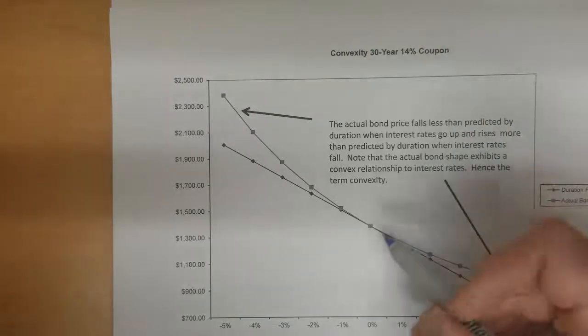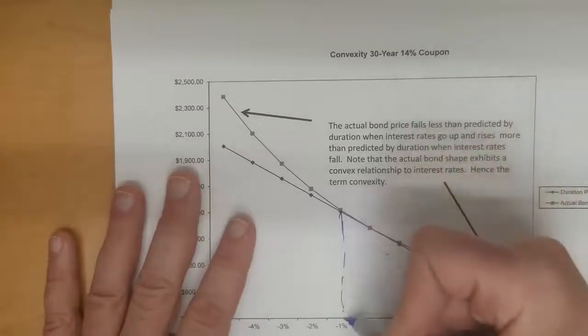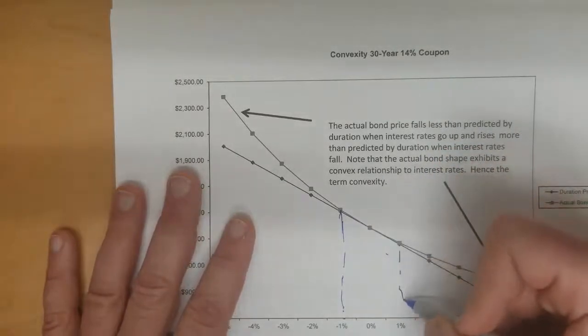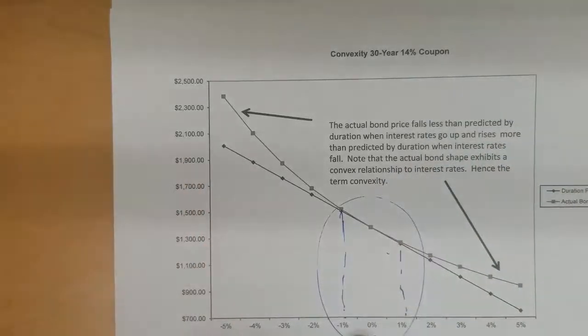What you have, though, is when you have, let's say, only a 1% change, then the modified duration measure is a pretty good measure of change.